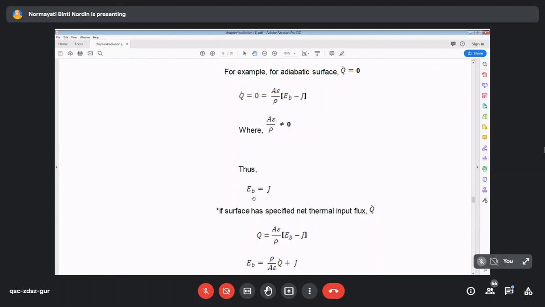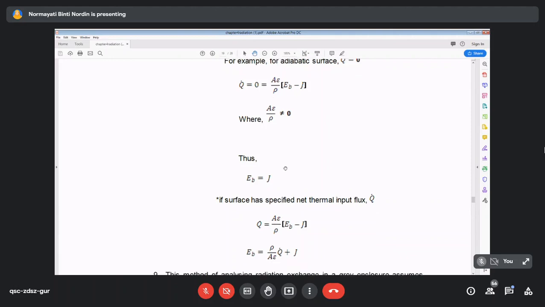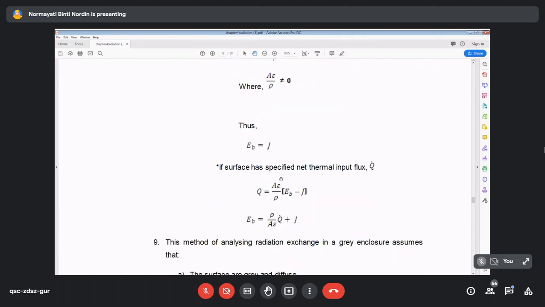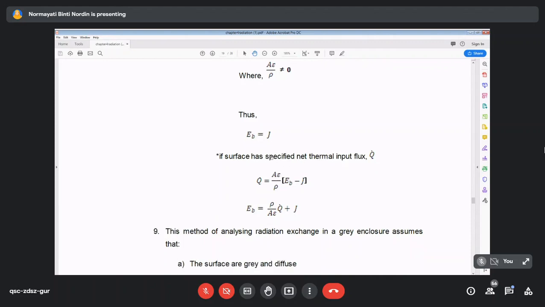So it is important for you to know the black body emissive power to solve the main equations that we have for grey surfaces that have just been introduced. And then ada juga case yang mana surface tersebut dia punya nilai Q dot-nya dah diberi. So kalau Q dot-nya dah diberi, you just substitute dalam formulation ini.